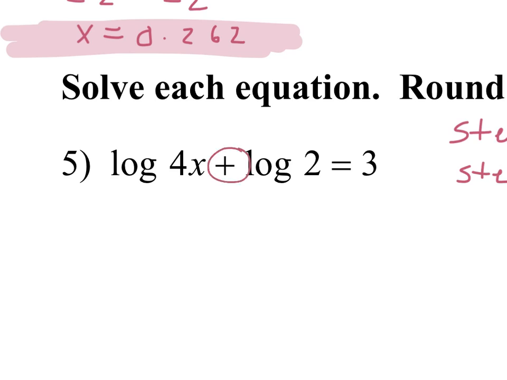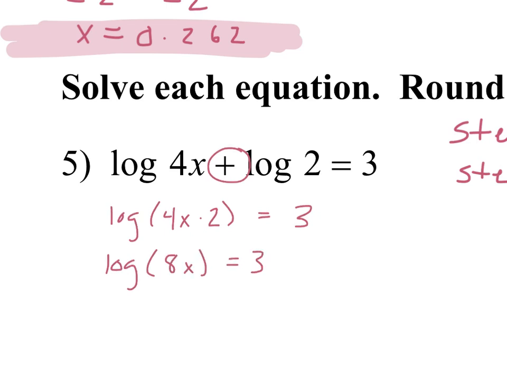So since we are adding the two logs together, when we condense it into 1, we multiply. So we have the log of 4x times 2, which we can simplify this even more and just multiply it together. So we have 2 times 4x, which is 8x. So the log of 8x is equal to 3.